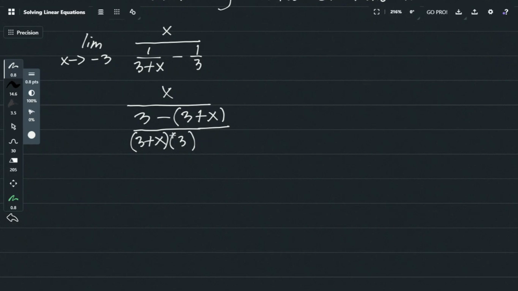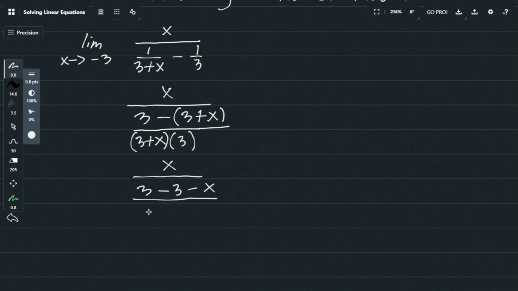So now we're just going to simplify the expression x over 3. Then we're just going to distribute this scalar value, which is -1. So we have -3 plus x all over, substitute the scalar value, which is 3.